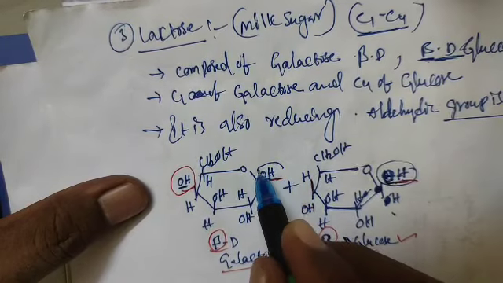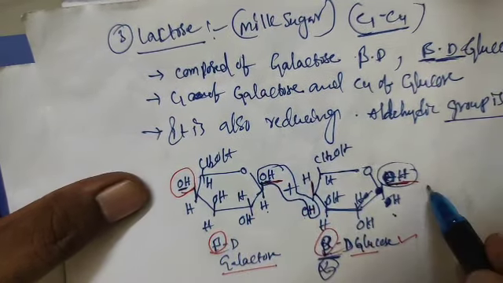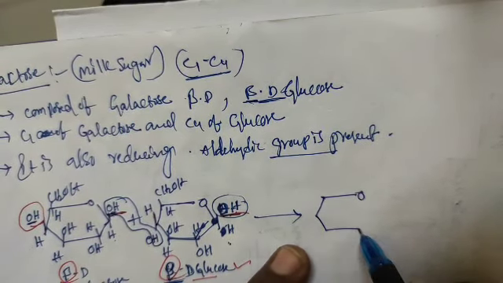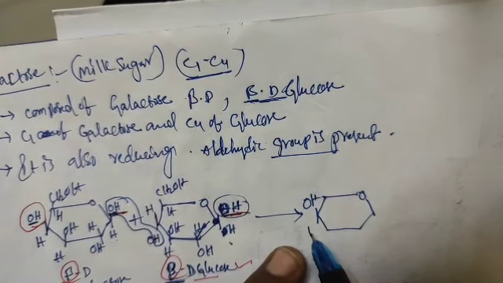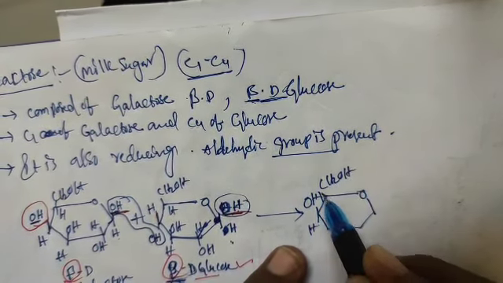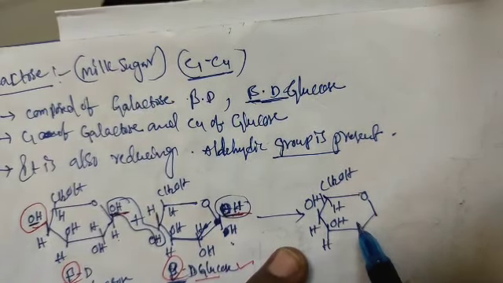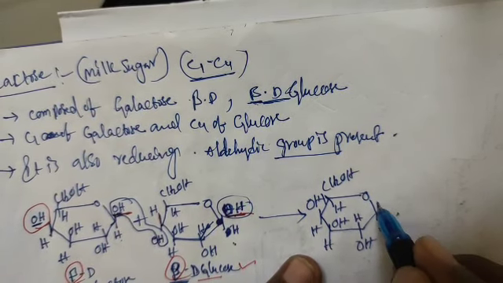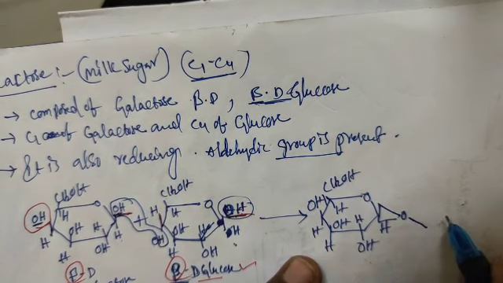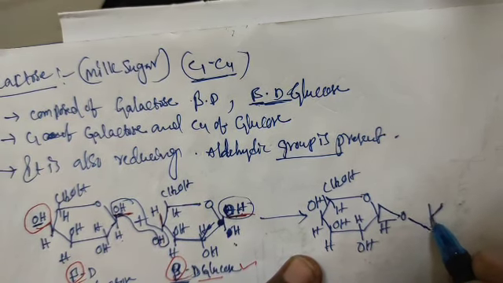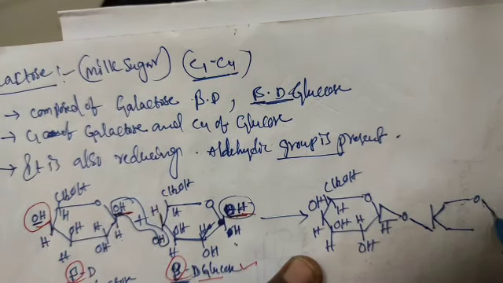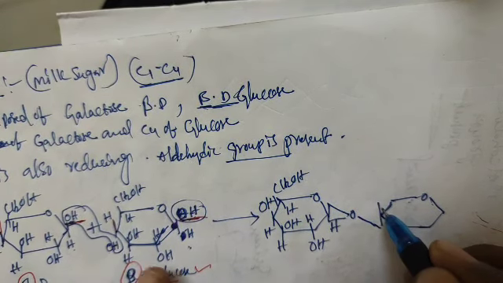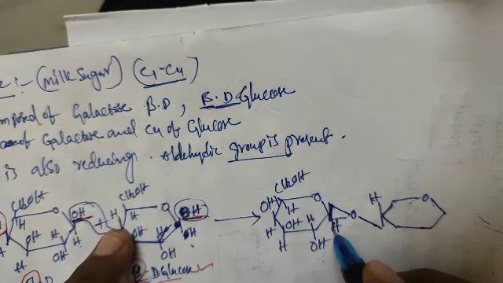Now with loss of a water molecule H2O, here also we will get the formula like this. OH H, CH2OH, here H, here OH H, here H OH. Here down hydrogen is there, up OH will come. Like this. Here up hydrogen, here down hydrogen.